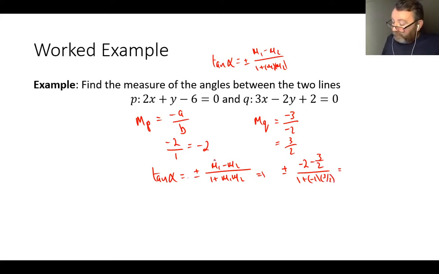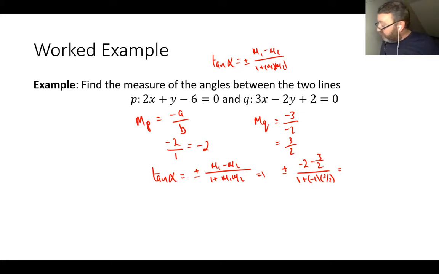So again, what did I do? This is m1, so m1 becomes minus 2 minus 3 over 2, divided by 1 plus minus 2 times 3 over 2. Let's very quickly do that. Get out your calculator. We have minus 2 minus 3 over 2, which is the same, by the way, as minus 2 minus 1.5, which is minus 3.5, if you want to put it that way.